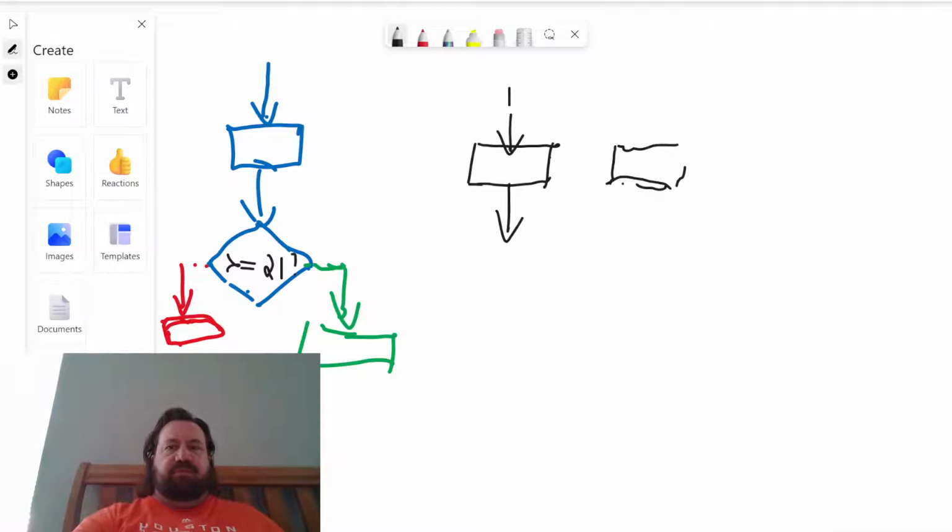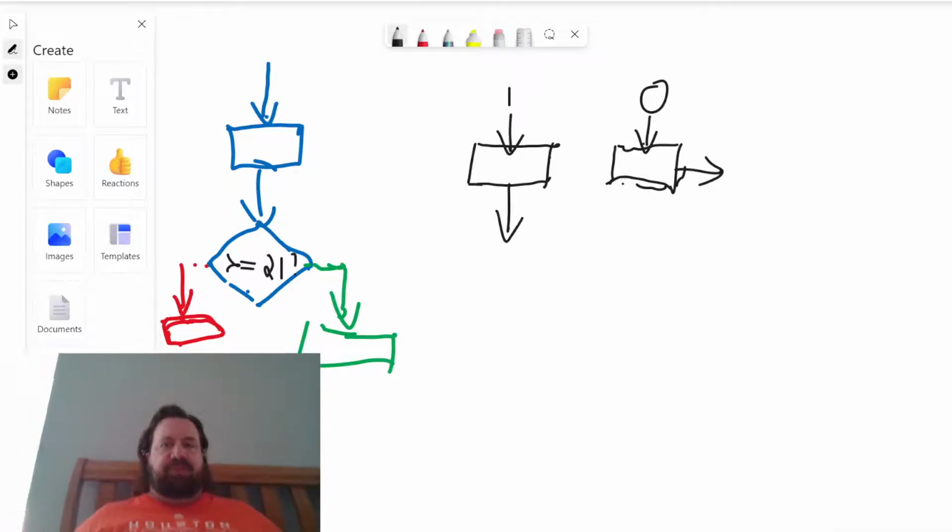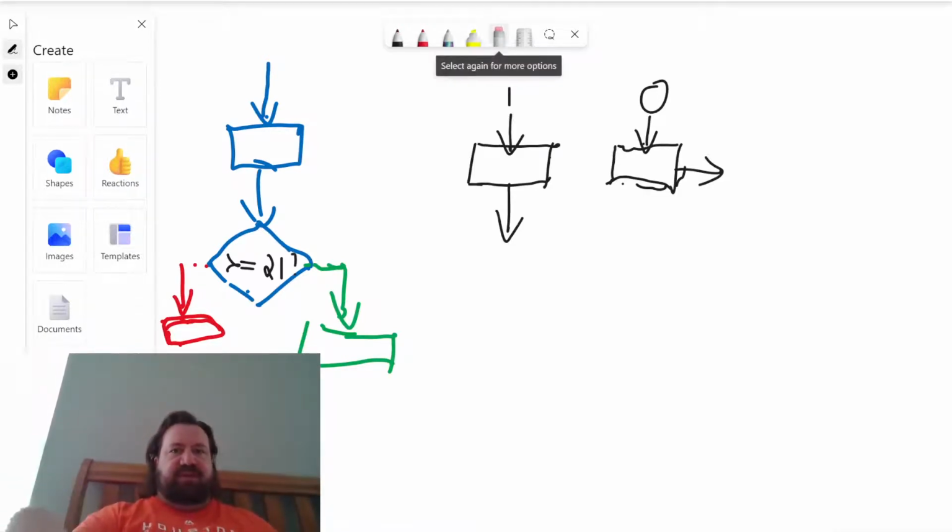If the input is 0, the output goes some other way. Okay, so we have essentially a true-false decision-making system here.